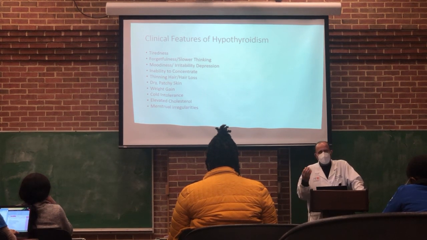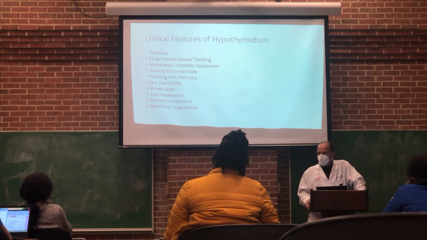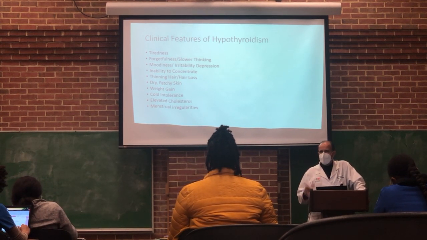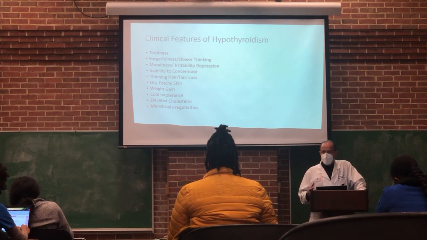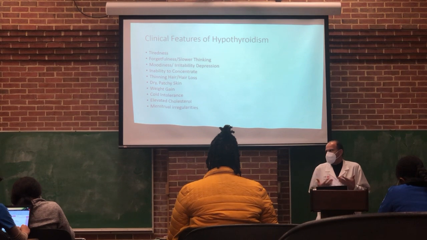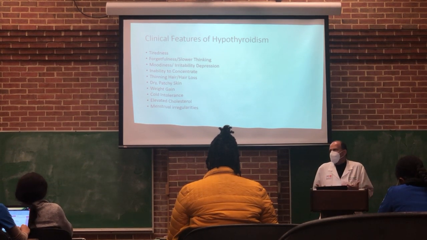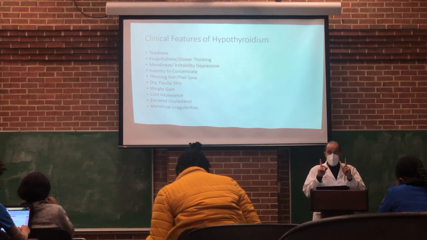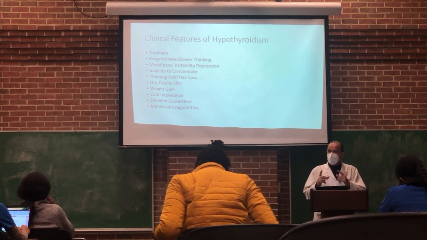Do you think somebody with low energy will have intolerance to heat or intolerance to cold? Cold. Yes. Intolerance to cold. The opposite of hyperthyroidism. They have a lot of energy, intolerance to heat because they are warm inside. They are burning outside. So intolerance to heat for hyper. Hypo, intolerance to cold.